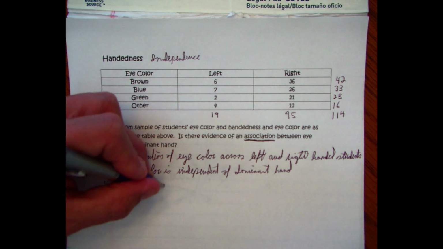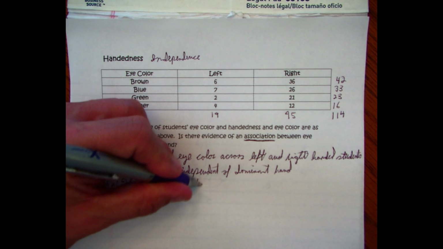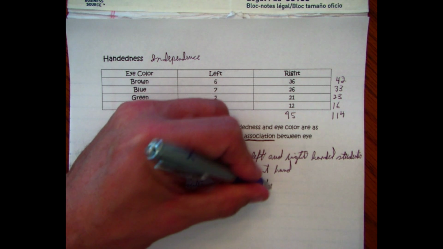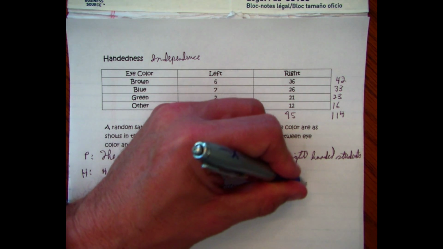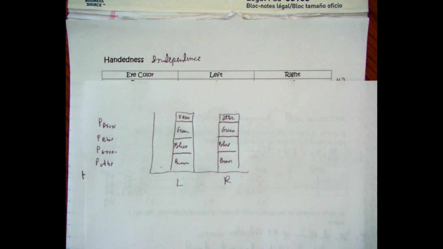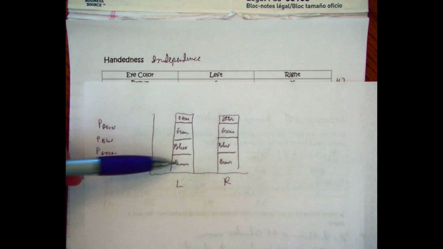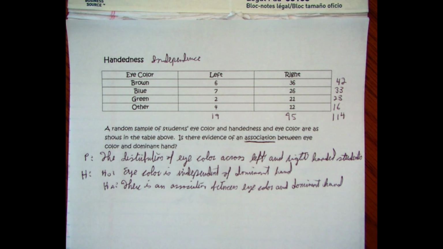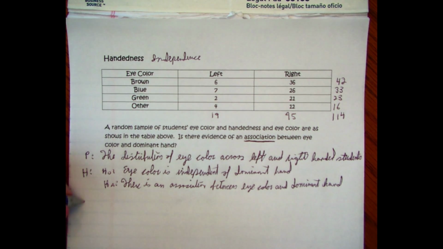That's what we're trying to prove, right? There is an association between eye color and dominant hand. Now, if there was an association, then these would not be the same. Those two bars would not look the same, and then we would say, okay, left-handed people tend to be brown-eyed while right-handed people tend to be blue-eyed or something like that. So that's basically the alternative. The assumptions: this is a random sample.